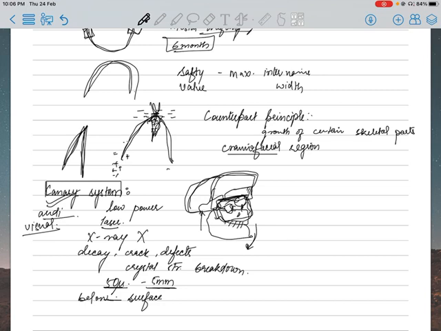It has audio visual feedback to engage the patients. A low power laser, it detects what X-ray cannot, and cracks and defects too. What does it find out? Actually it finds out the crystal structure breakdown, and it can measure up to 50 microns to 5 millimeters below the surface of the sound enamel. So it's that efficient.